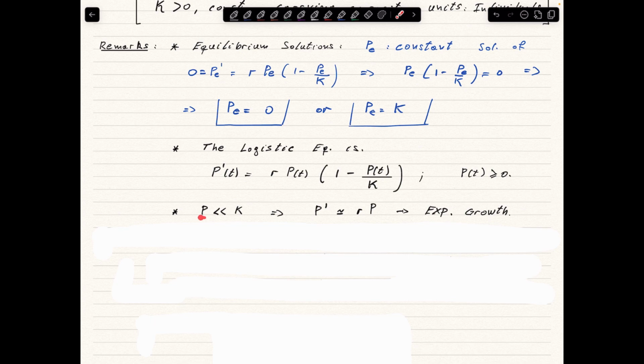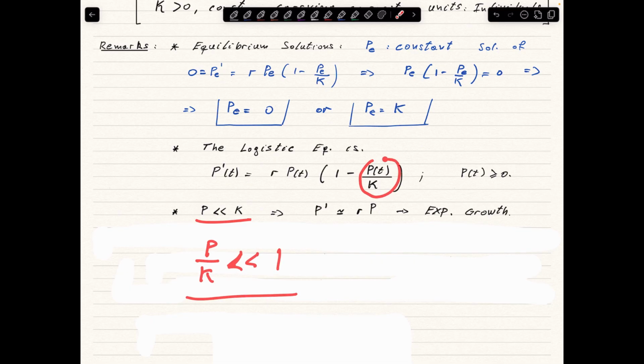What happens when our population is much smaller than this constant k? We want to understand the meaning of this constant k. So suppose we have a population much smaller than this constant k. Well, we divide this condition by k, and we see that p over k is much smaller than 1.